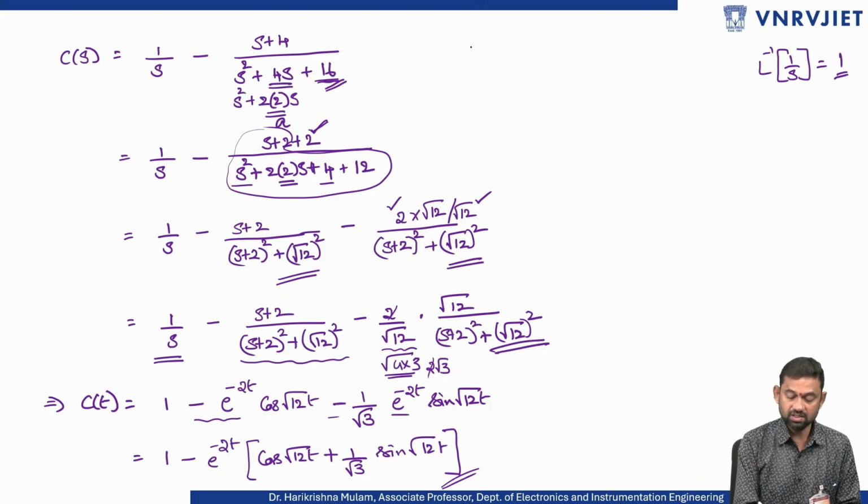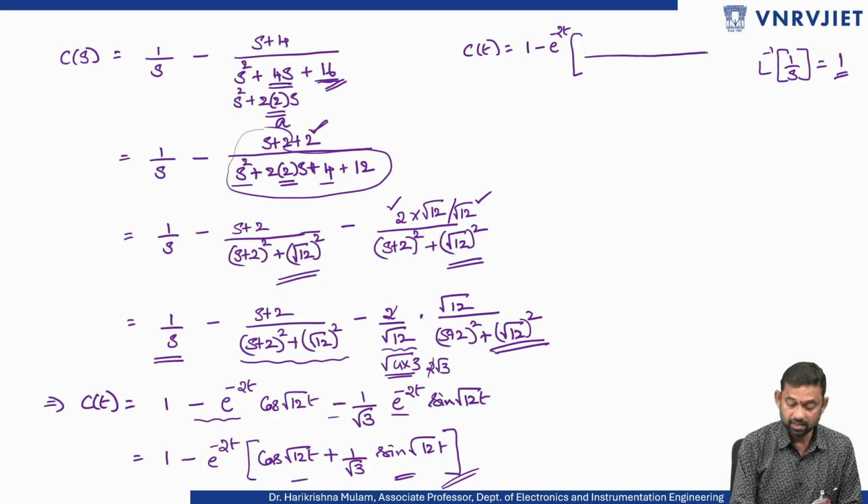Therefore, C of t is equal to 1 minus e power minus 2t, and if you take the LCM of these two, the denominator will be square root of 3, cos root 12t plus sin root 12t. Okay.